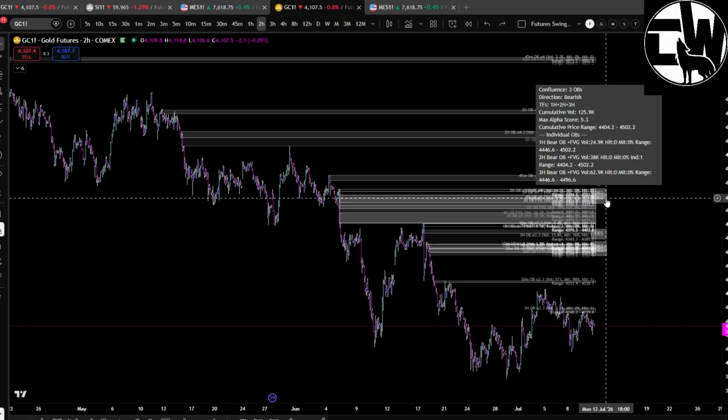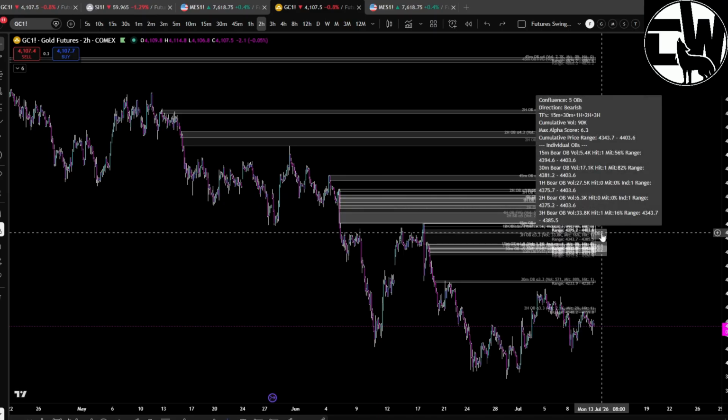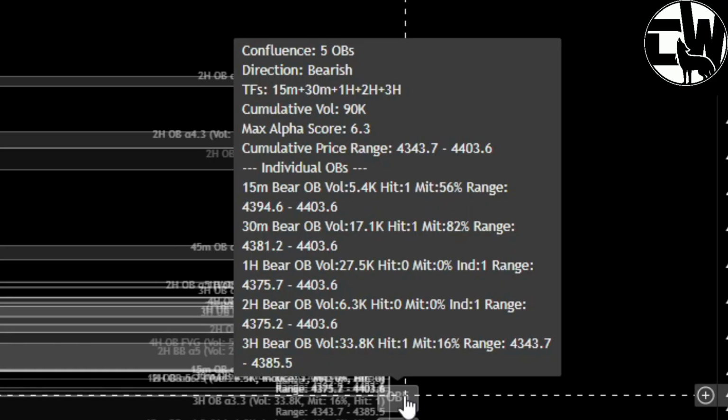When these levels stack on top of each other on different time frames, you are going to be able to see that inside of a Confluence bubble. And the craziest and most lucrative part about this is it includes all of the data that no one else includes, which is the most important data to include. The price range of the order blocks, how many order blocks are inside of that Confluence bubble, which is giving you an understanding on how well is this order block going to serve as support or resistance.